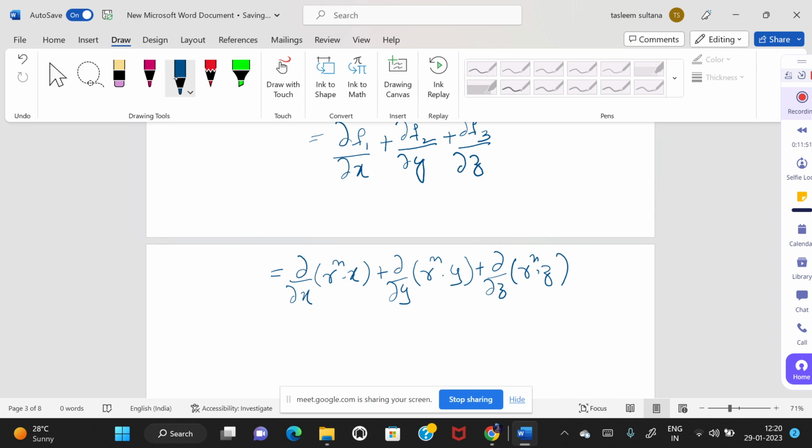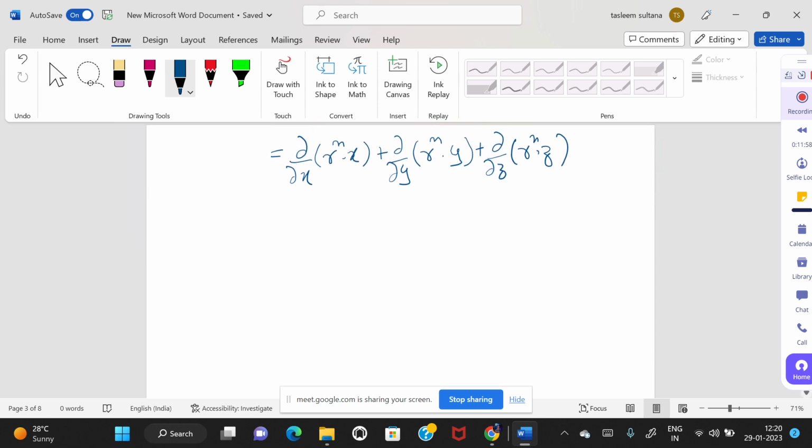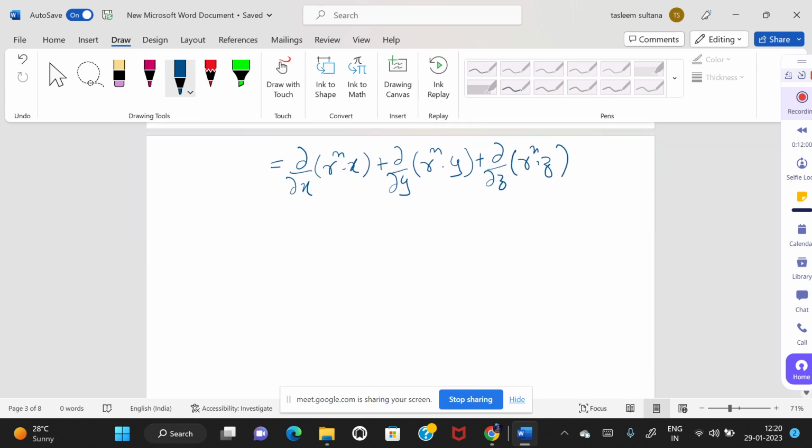Then you have to do the partial differentiation with respect to x, y, z. Here you have to apply the uv rule: this is u and this is v. Similarly, this is u, this is v, this is u and this is v. The formula is (uv)' equals u' v plus u v'.